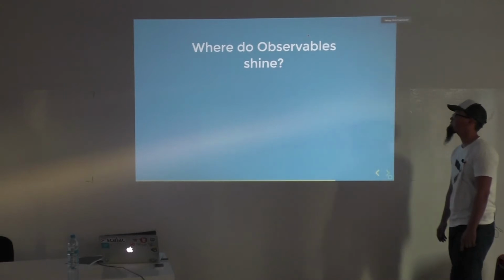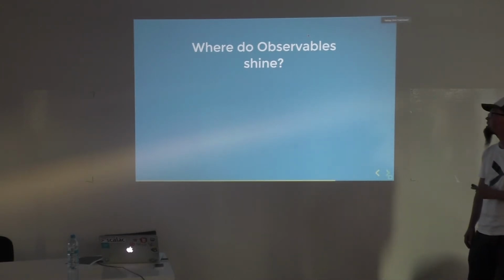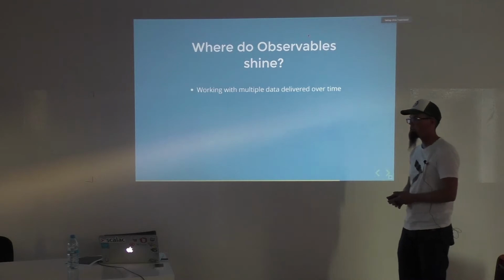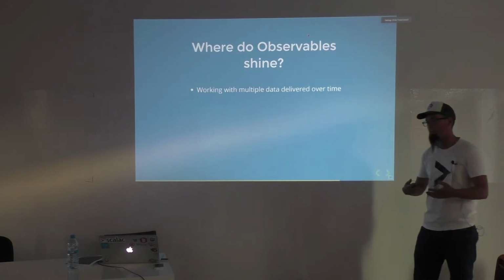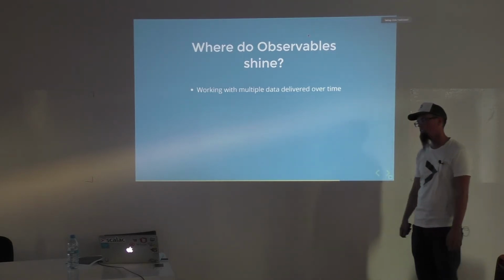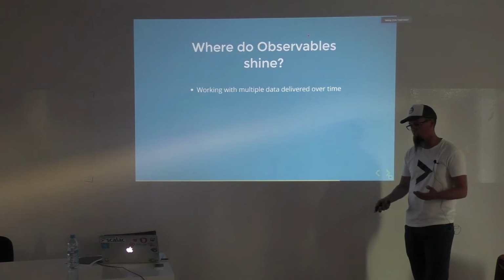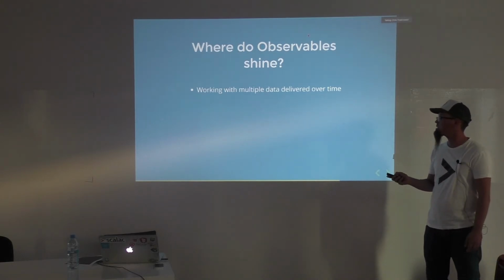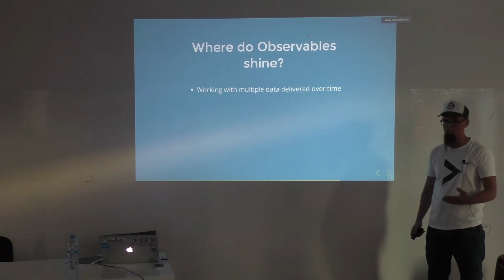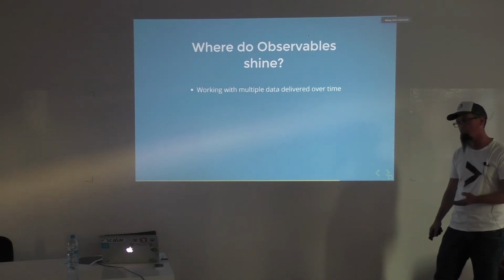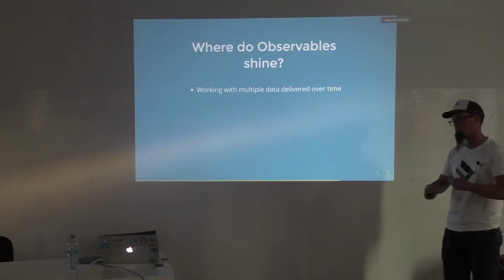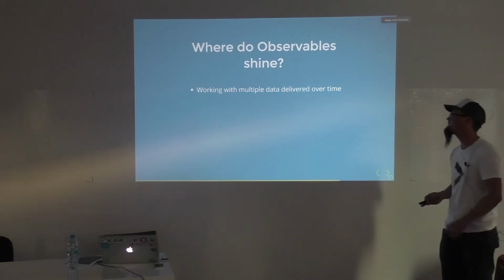Where do observables really shine? When we have multiple data delivered over time, and we want to process them or react to them, like work in a reactive manner, that's where it is really helpful, because promises can only deliver one value, and in order to work with multiple values, we have to work around it.